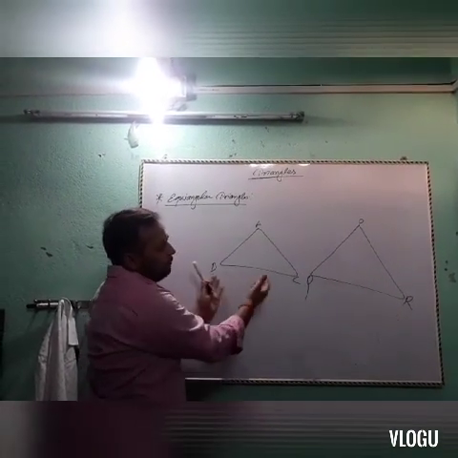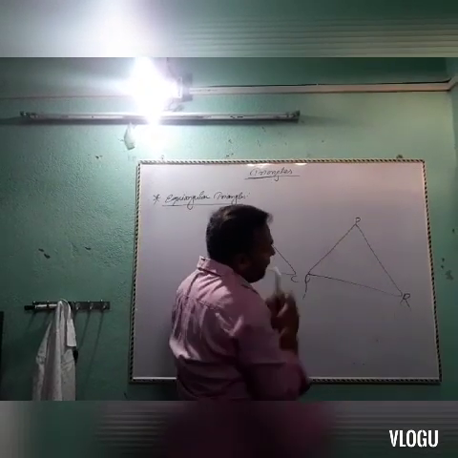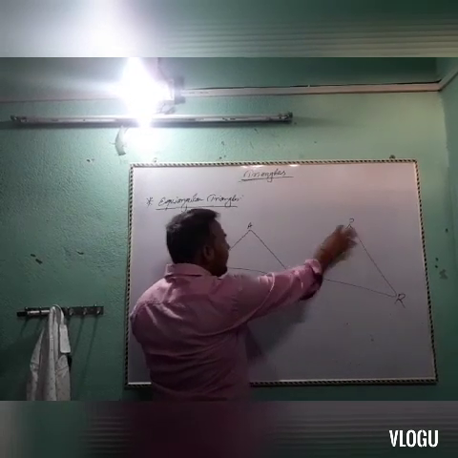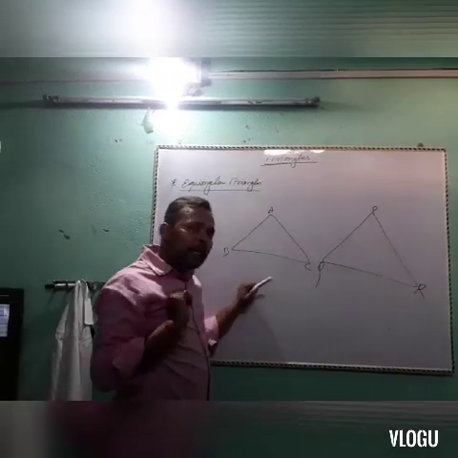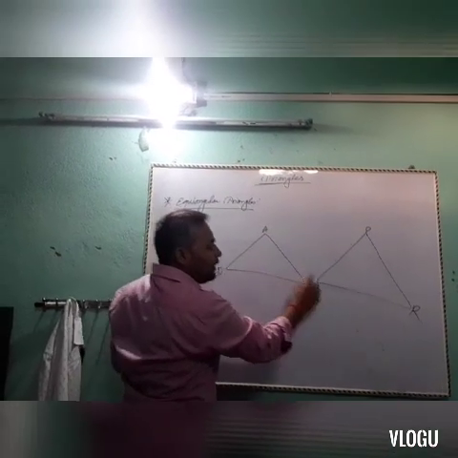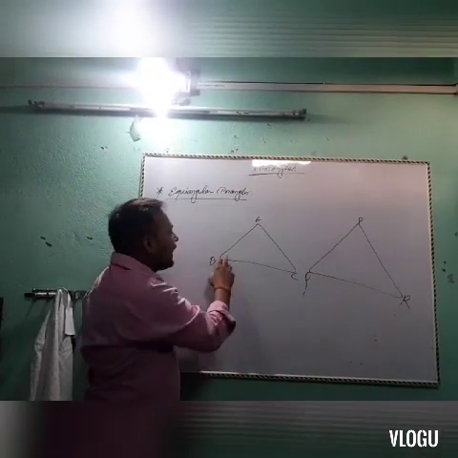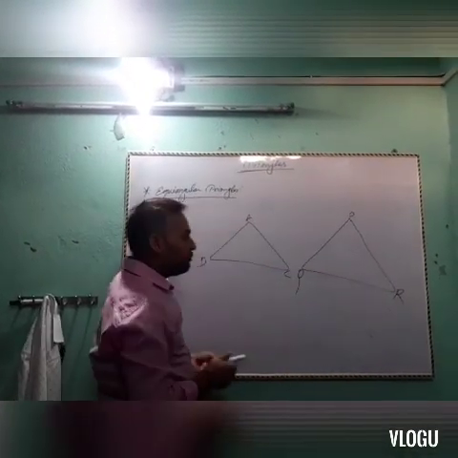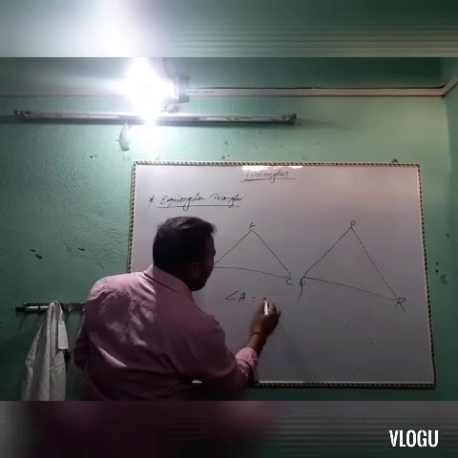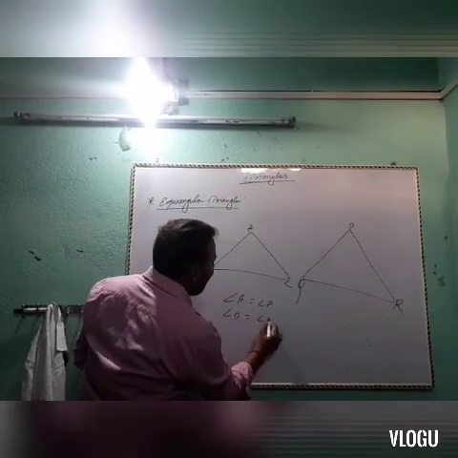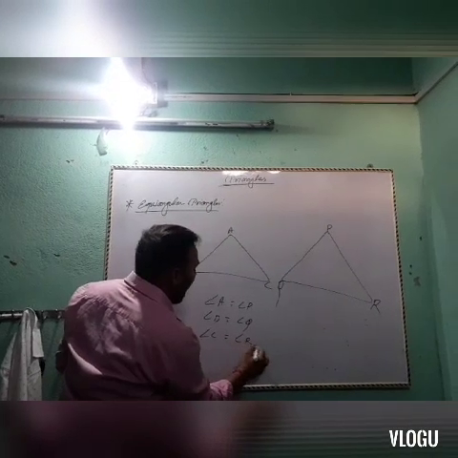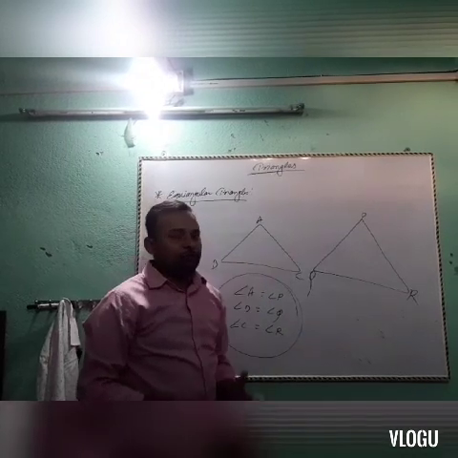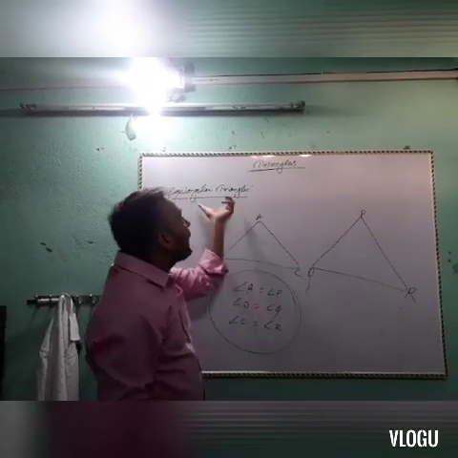If triangle ABC is superposed on triangle PQR, and angle A coincides with angle P, then angle A and angle P are corresponding angles. Angle B is superposed on angle Q, so angle B and angle Q are corresponding angles, and angle C and angle R are also corresponding angles. Then angle A equals angle P, angle B equals angle Q, and angle C equals angle R. All corresponding angles are equal in the two triangles, so they are said to be equiangular triangles.